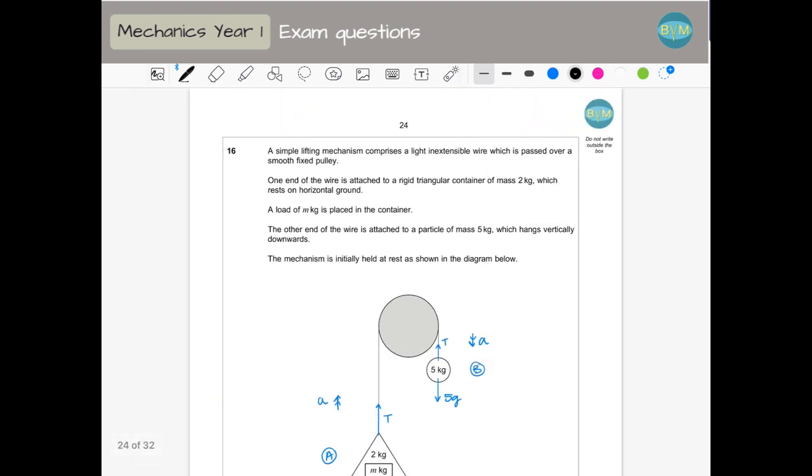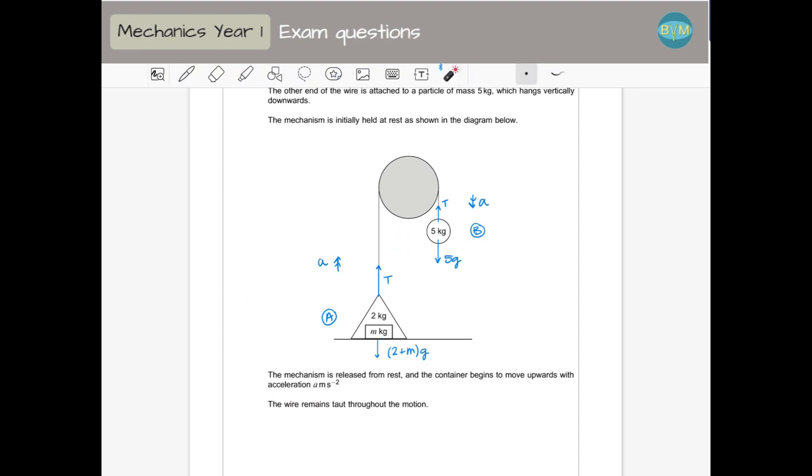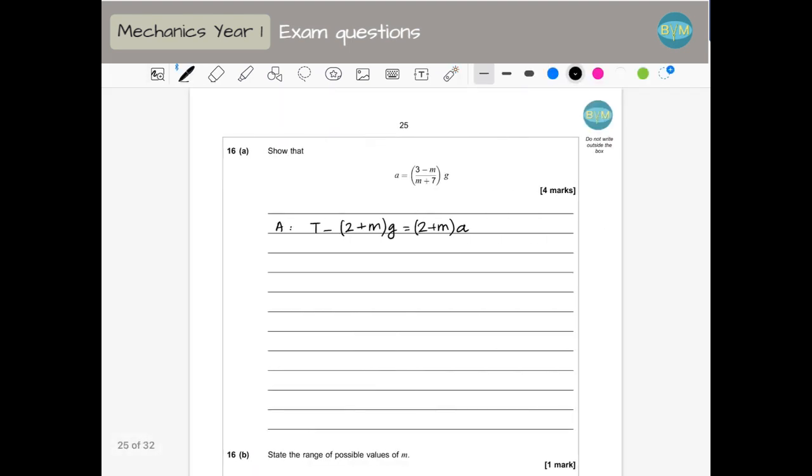And for B, this one is going down, so 5g is going to be greater than T. My resultant force is 5g minus T. So for B, 5g minus T is the mass, 5, times the acceleration, which is the same as the other one. The equation of motion comes from this: the resultant force is mass times acceleration.